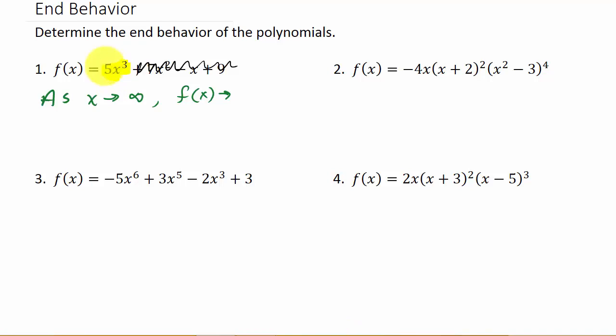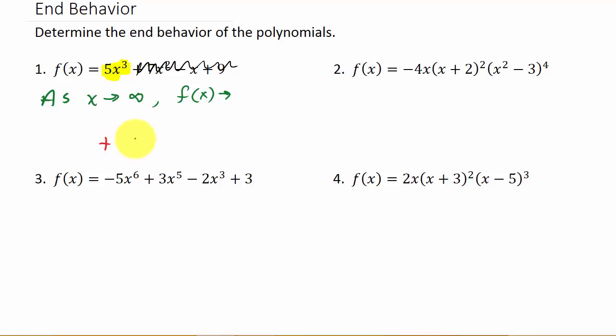I've got a positive 5 in front. Now let's look at the x value. If I plug in numbers out there at infinity, they're going to be positive, big numbers. I take one of those large positive numbers and raise it to the third power.